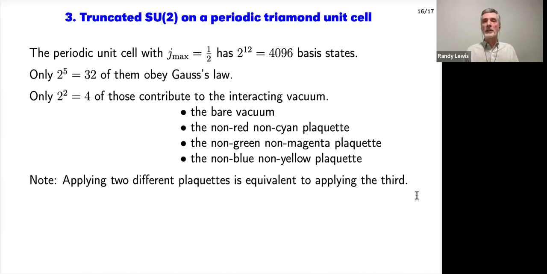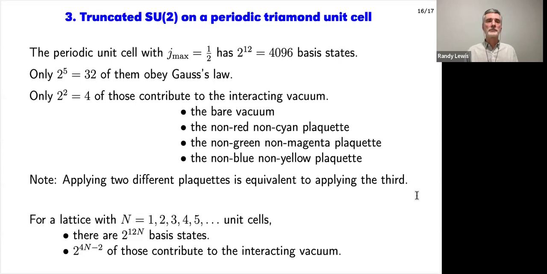It will help us when we go beyond just a unit cell to a larger triamond lattice. So if you do want to think about going to a larger lattice with 2, 3, 4, 5 unit cells, however many you want, you will, of course, have 12 gauge links inside each unit cell, so 12 times n in total. And it turns out that 4n minus 2 of those will be able to contribute to the interacting vacuum.